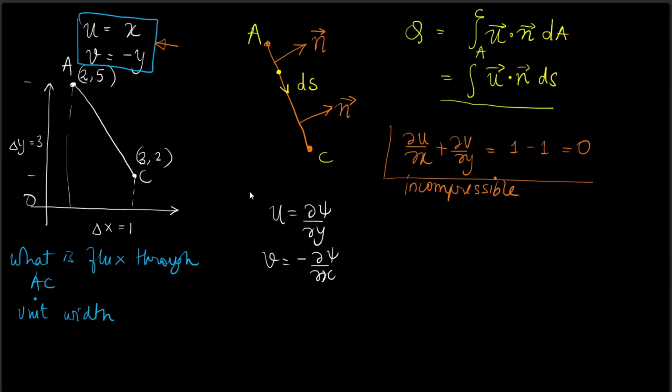So if this is the case, let us make a small segment over here of length ds. Yeah, okay, it's already drawn over here. So let me reuse this diagram.